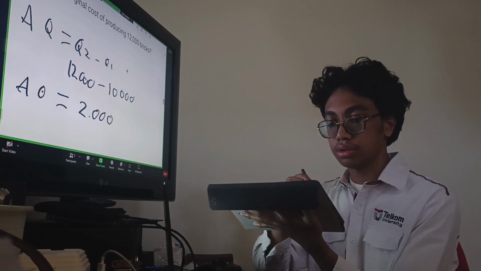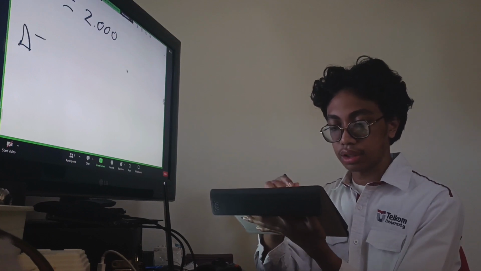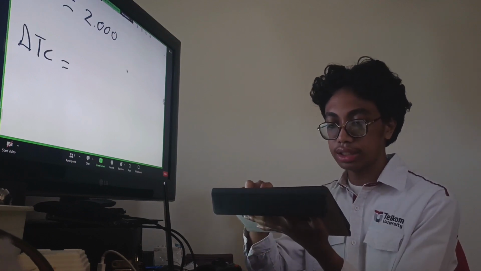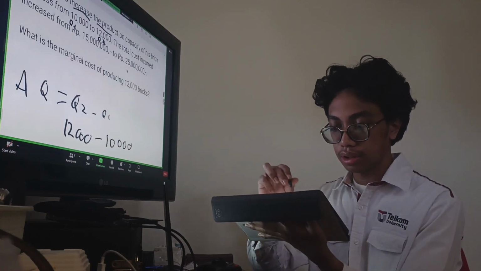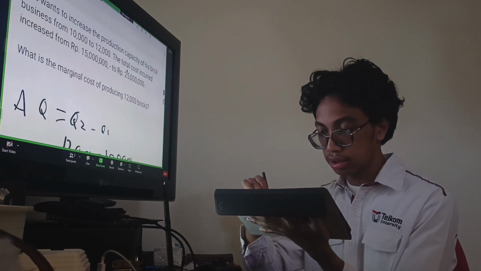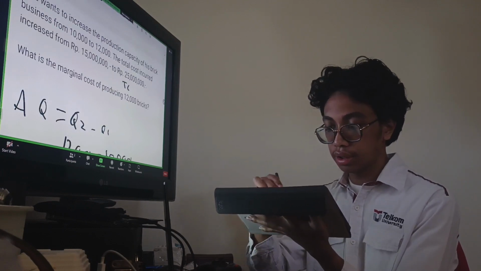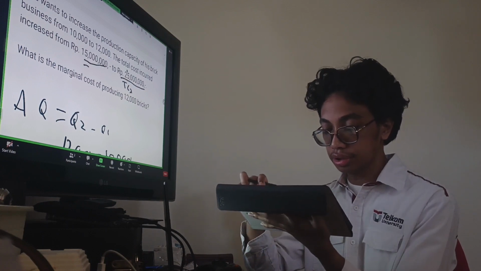And then we go to the total cost delta. How to get this? We get this by subtracting the second total cost, which is this one, with the first total cost.